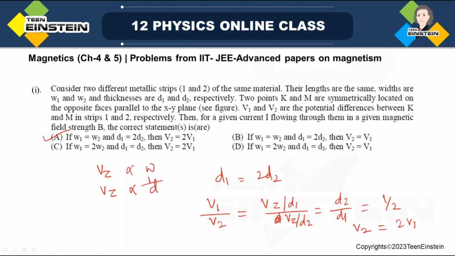Now one more point, another option which will be correct. So when W1 is equal to 2W2, and D1 is equal to D2, then V2 will be equal to V1.